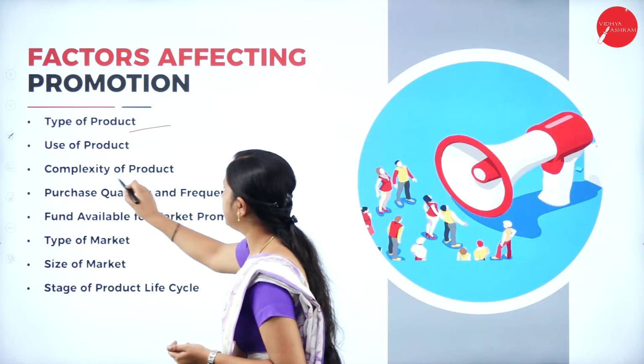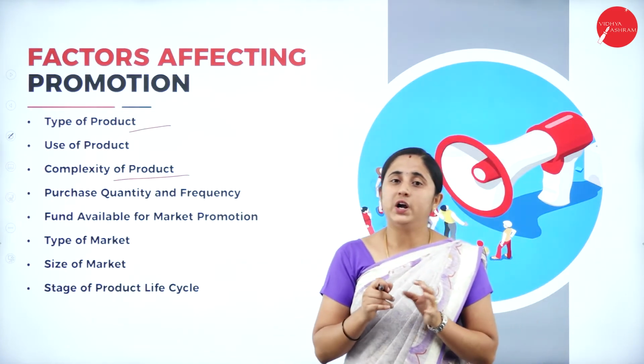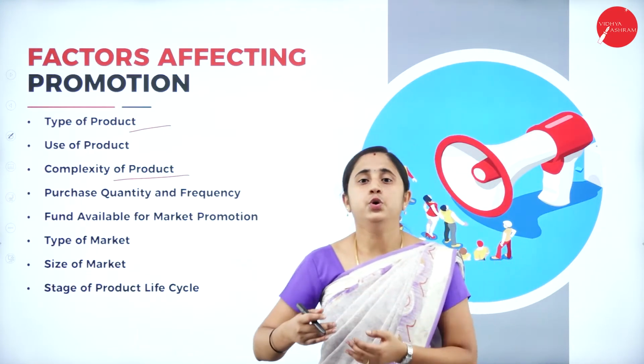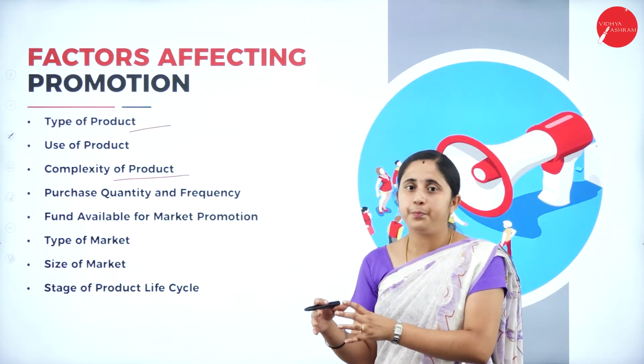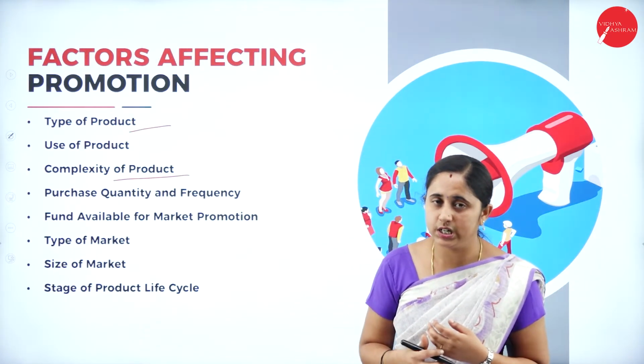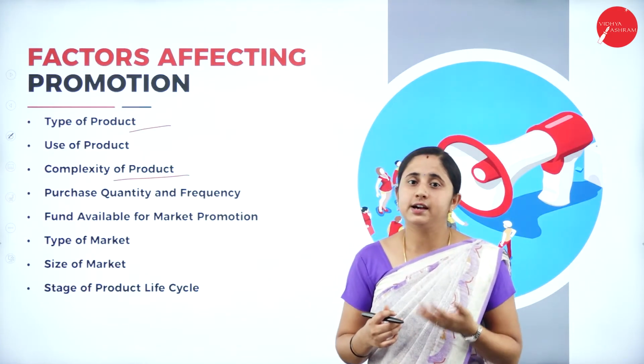Next, complexity of product. Complexity of the product means a simple product or daily products are simple to purchase as well as to use. Special products are complex to use for new users, so you need to give instruction and guide the consumers.